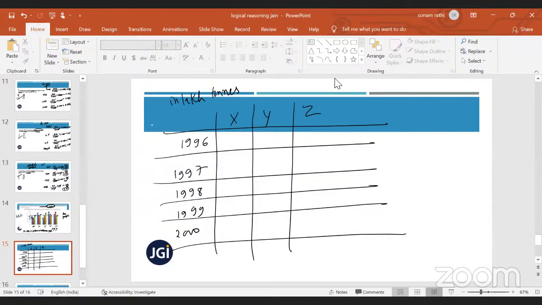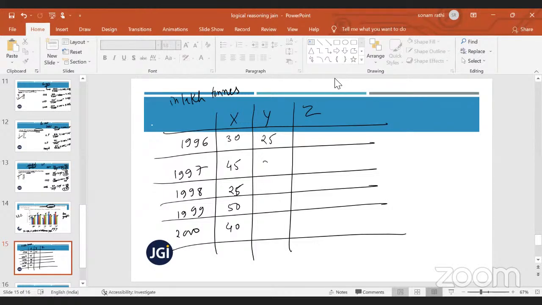So for 1996, this is 30, this is 45, this is 25, this is 50, and this is 40. Okay, Y, what are the values of Y?